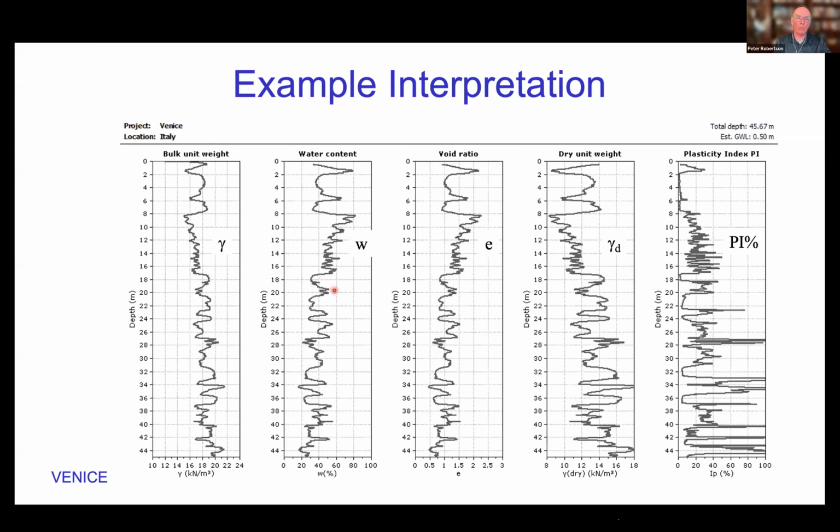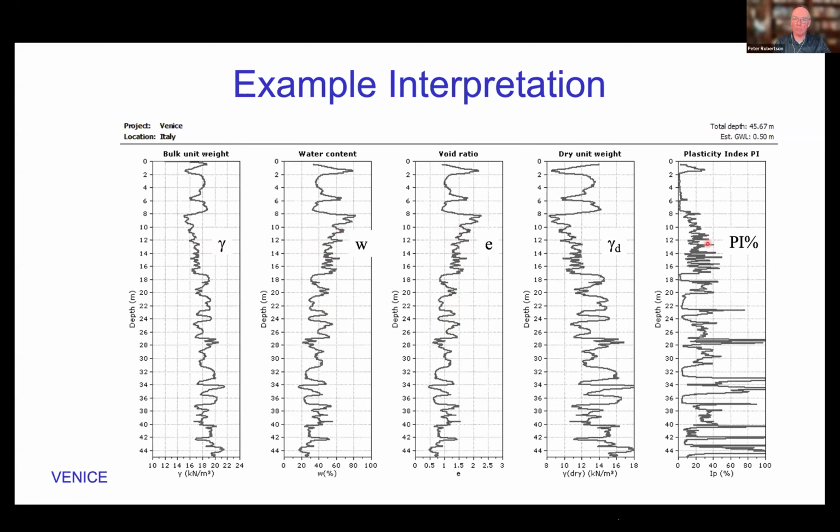If you've got clay-like soils and you take a number of samples, the simplest thing to do is to take a water content. So if you measure the water content in your samples, you can overlay that over the top of the estimated water content and see how well your estimate of unit weight is. And of course, also get a measure of the void ratio and see how well your estimate of void ratio is. And then you can get dry density.